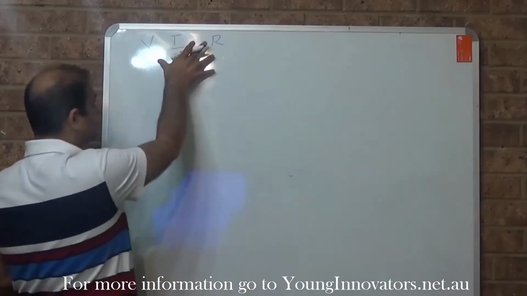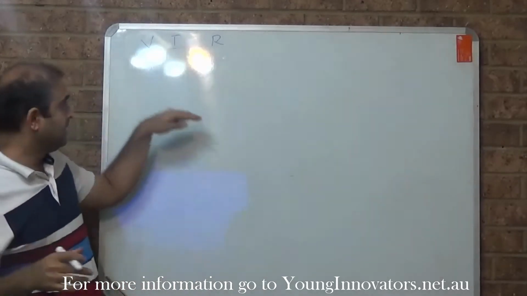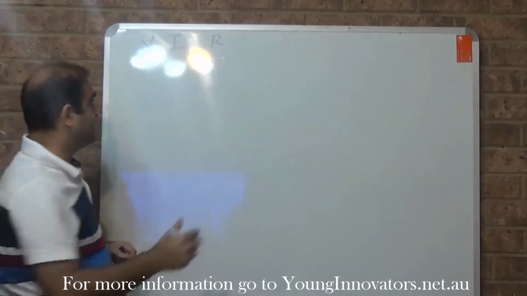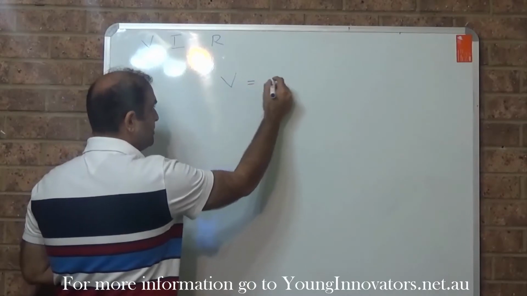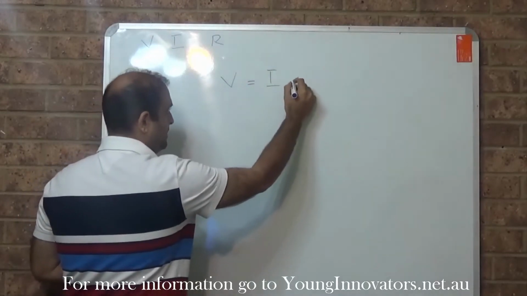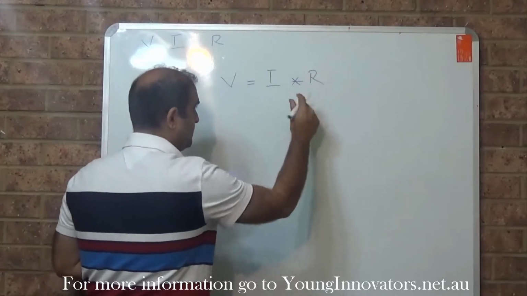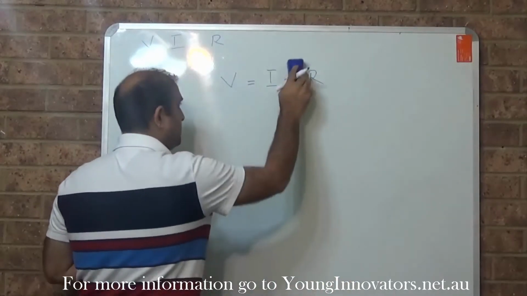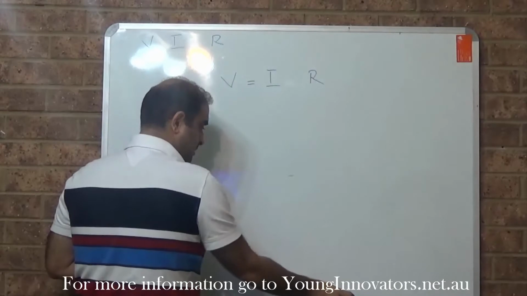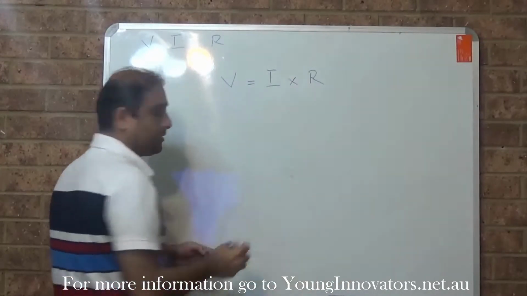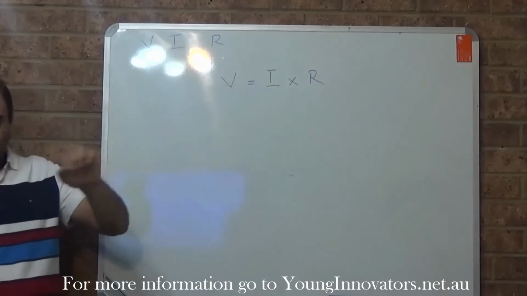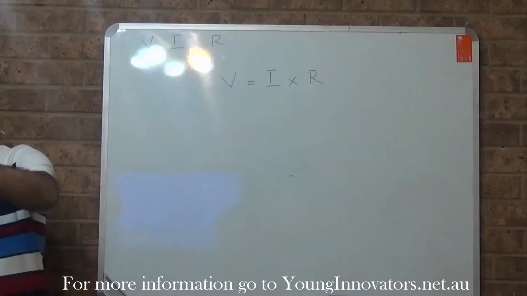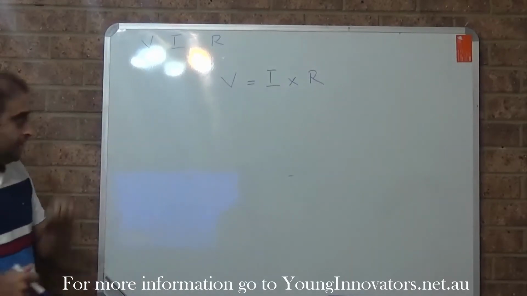The formula that brings these three things together is V equals I into R, just multiply basically. This is the equation that brings it all together, and you'll see how useful this is when you start building electronic circuits.